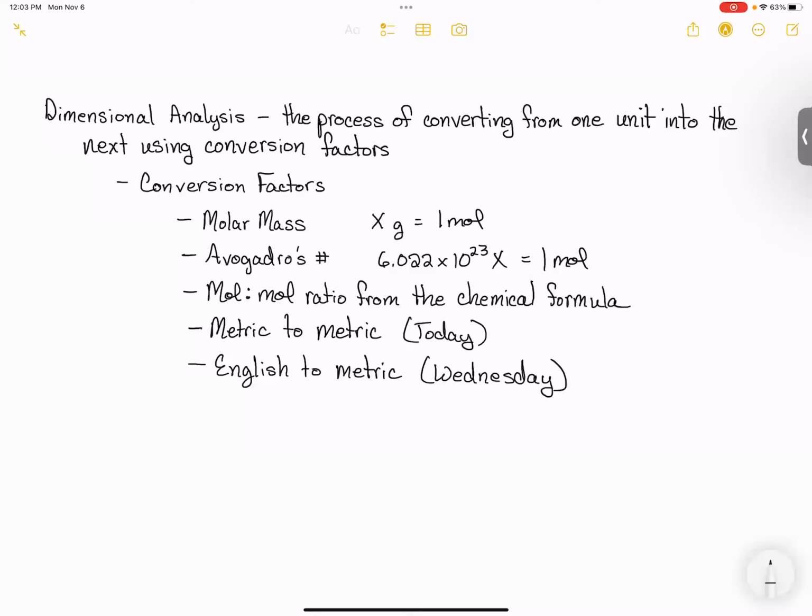To help you memorize the bottom table, I already have posted a Quizlet with metric to metric conversion factors in that one. So again, you'll receive the top table, but you will not be receiving the bottom table.